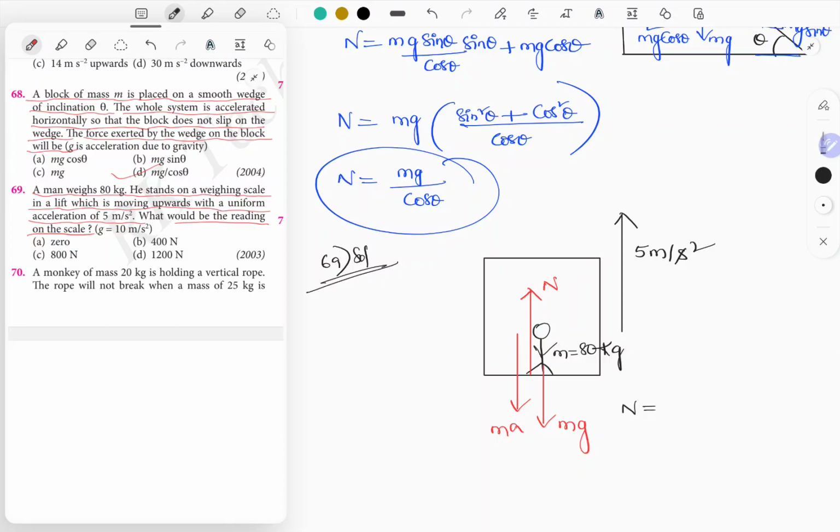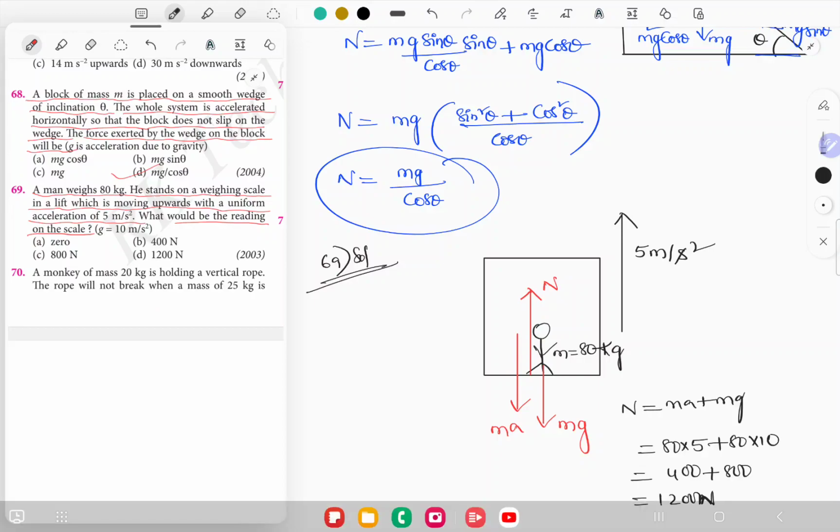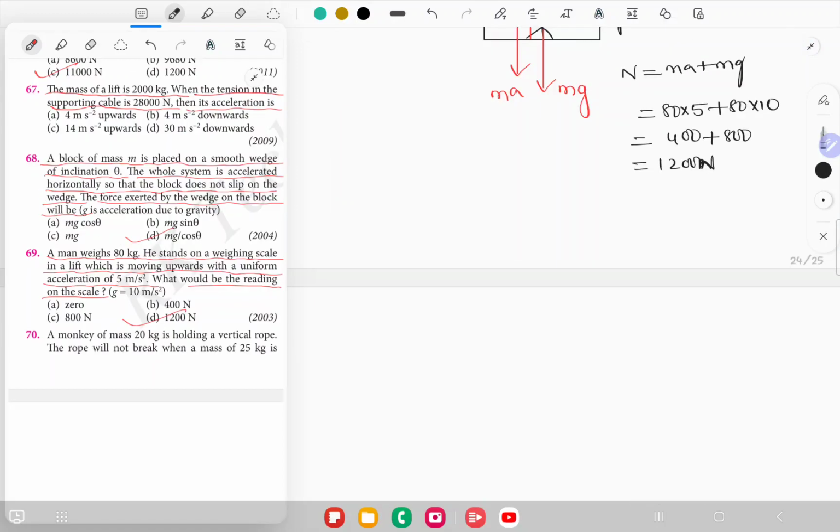Then N is equal to ma plus mg. So 80 into 5 plus 80 into 10, which is equal to 400 plus 800, which is equal to 1200 newtons. So which option is correct? Option D is correct.